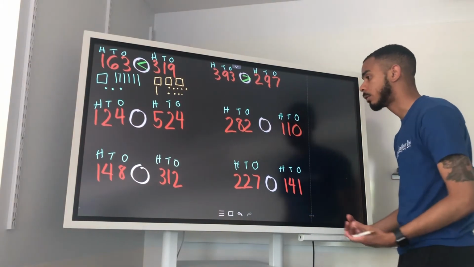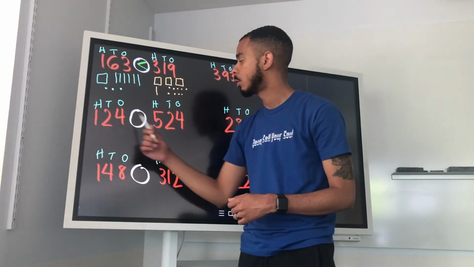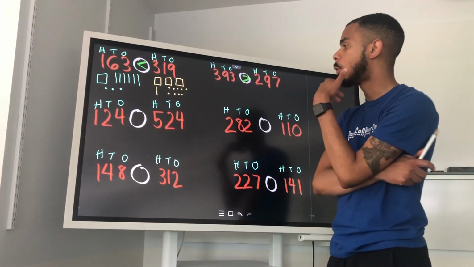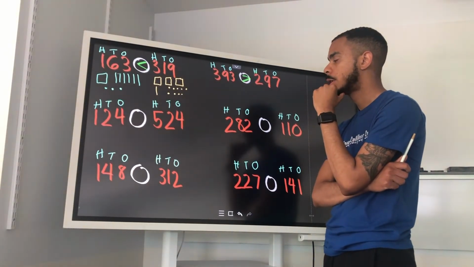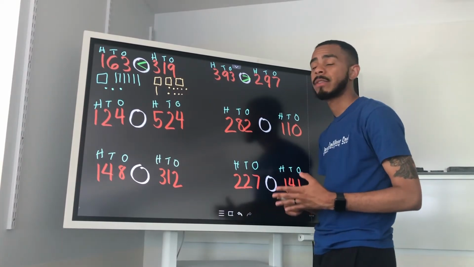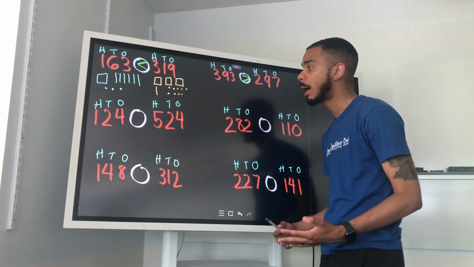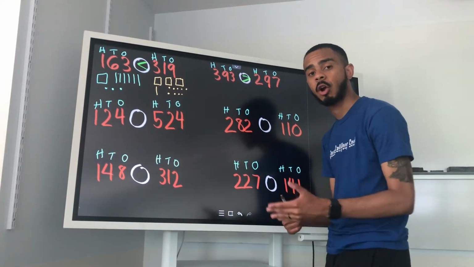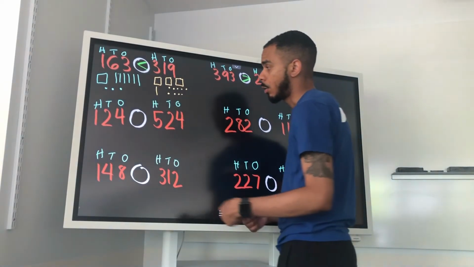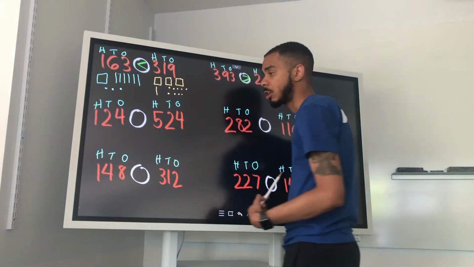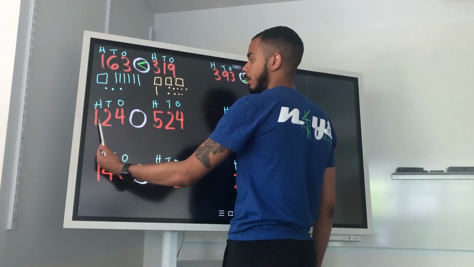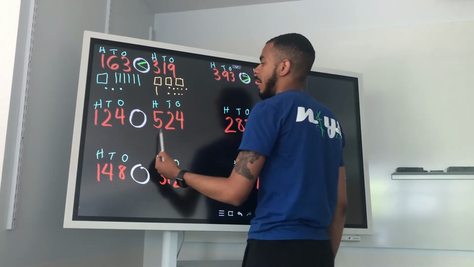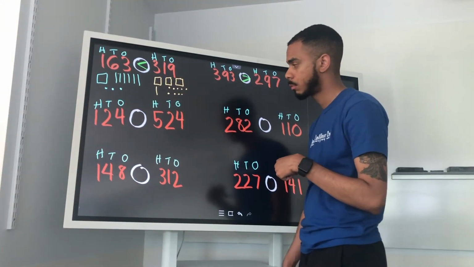Okay, let's move on. We see here 124 is blank 524. Now, let's look at the hundreds place. Why? Because the hundreds place is the largest place value. We look at the hundreds place in each number, and then we compare. There's a 1 here in the hundreds place. There's a 5 here in the hundreds place.